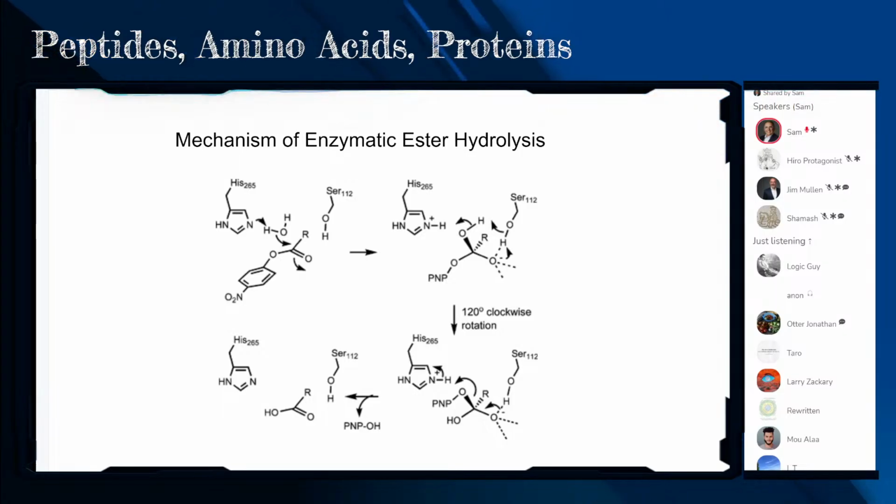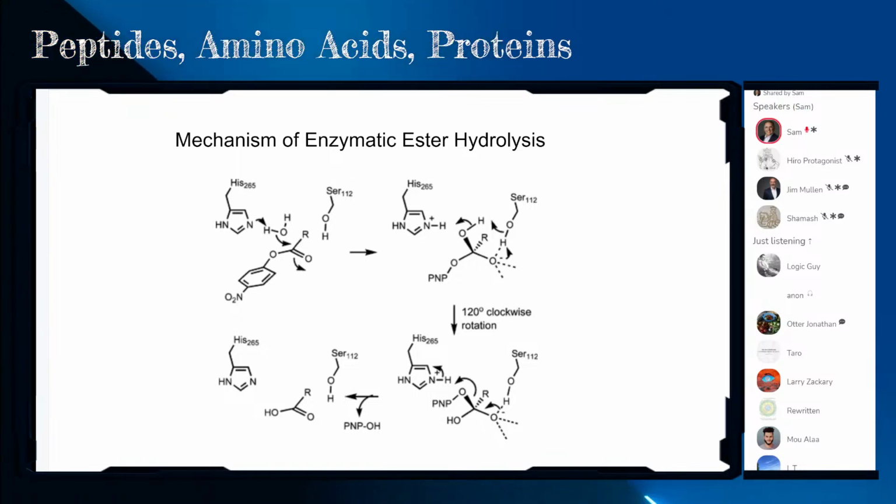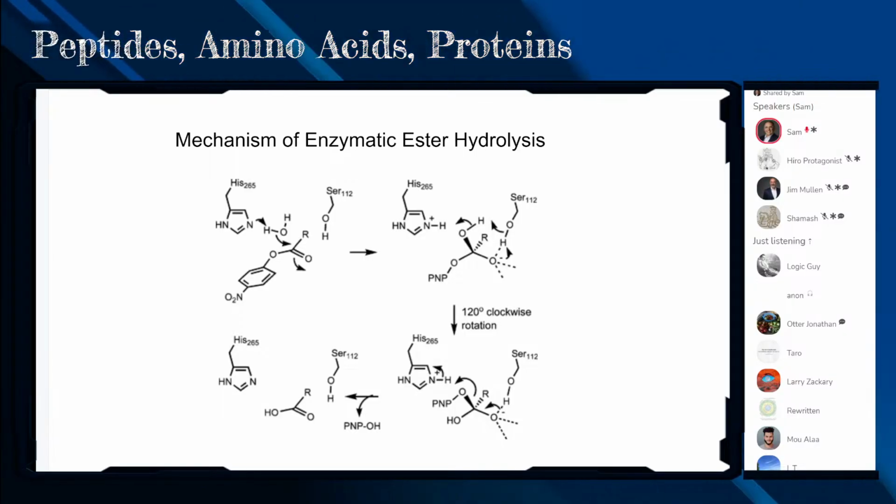We now know histidine is one of the amino acids. And it has a number next to it, 265. So this means that histidine is the 265th residue in the primary structure, in the sequence of the amino acids.